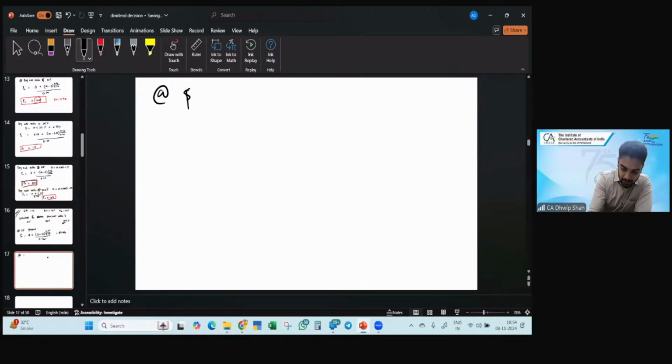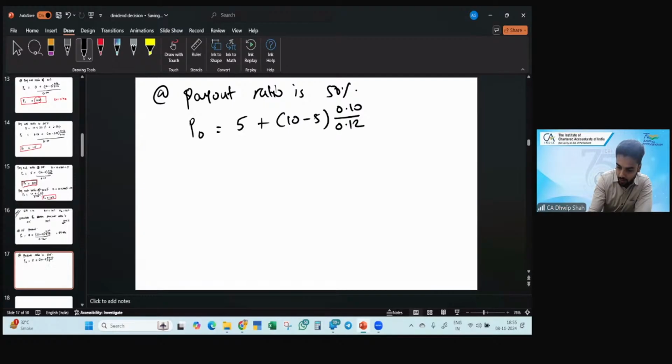Now at 50%, when payout ratio is 50%, dividend would be 5, so (10 minus 5) times 0.1 divided by 0.12, the whole divided by 0.12.